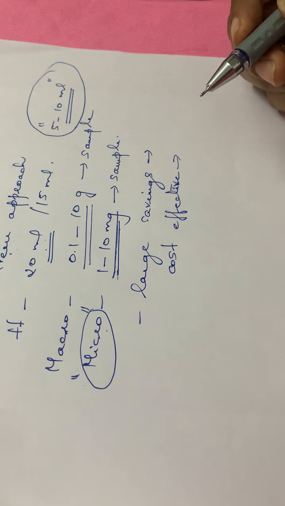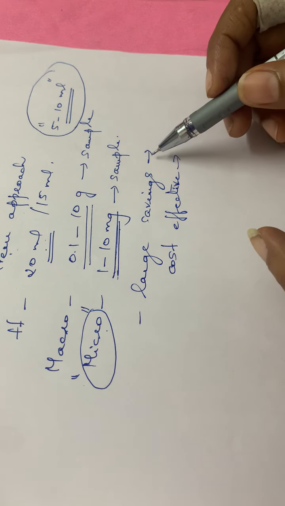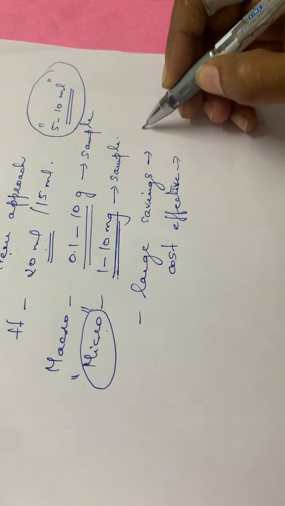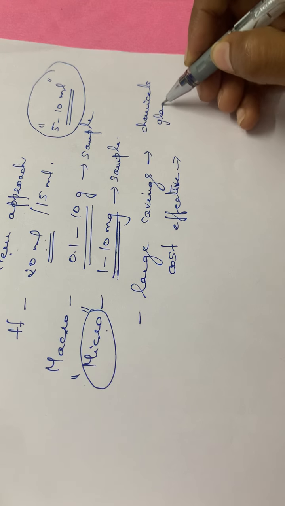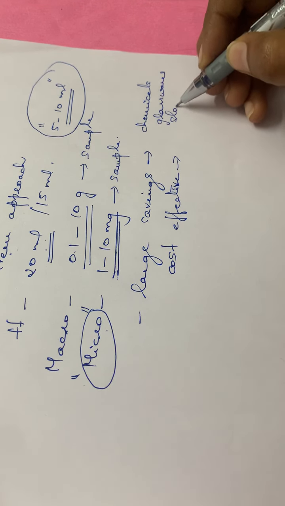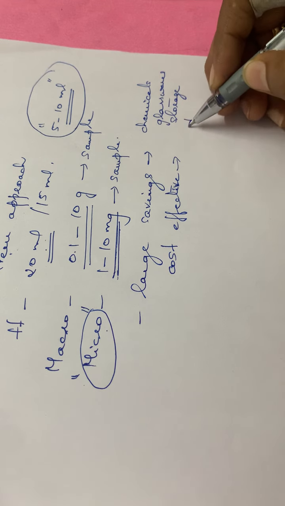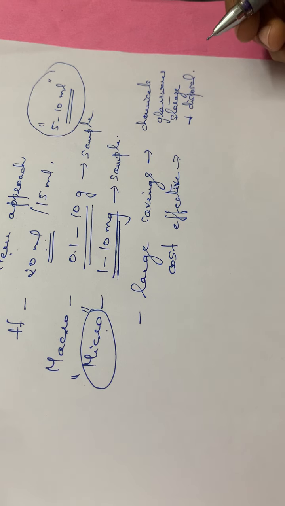Okay, so we are having large savings from the amount of chemicals used, glassware, then storage as well as disposal. In all these areas we will be having so much savings as part of this micro scale analysis.